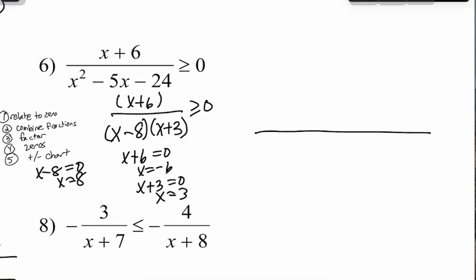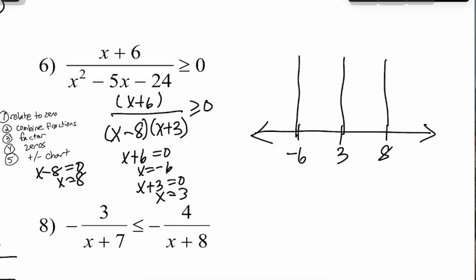On our plus-minus chart, in least to greatest order, we're going to put -6, -3, and 8. -6 came from the top. If you look at our symbol, it's an equal to, so close it in. But -3 and 8 both came from the bottom. Okay, wait 1 second.